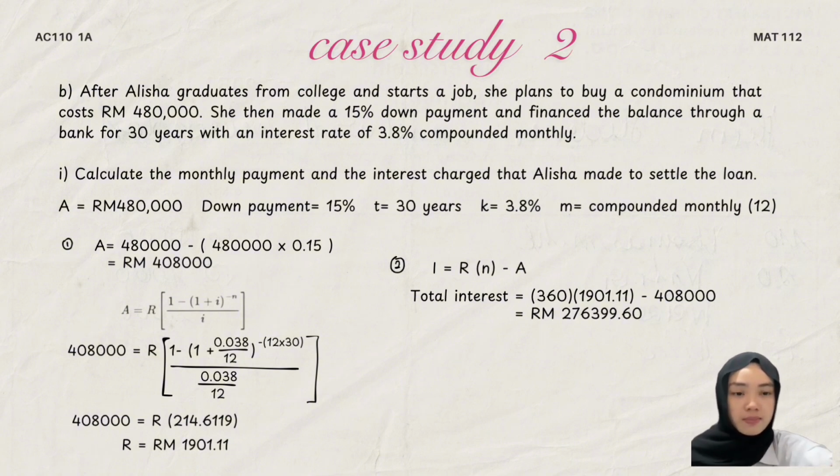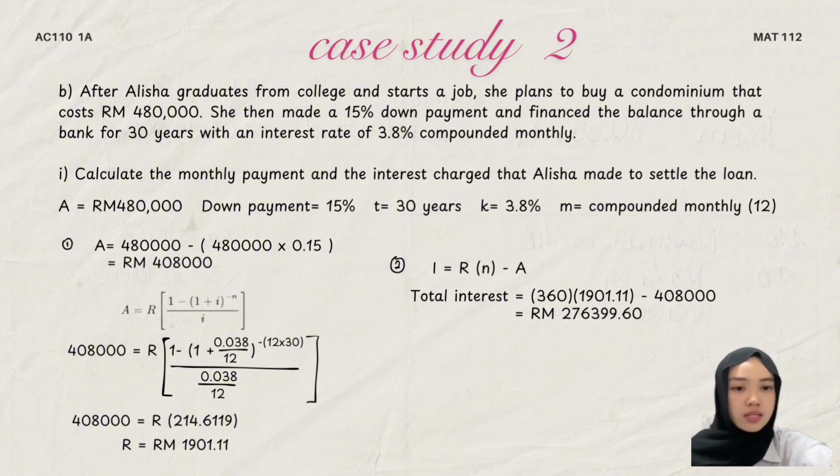To find the monthly payment that Alicia needs to pay, we need to use the formula A equal to R multiplied by (1 minus (1 plus i) to the power of negative n) over i. So we need to substitute the new value of A, which is 408,000. So the equation will be 408,000 equal to R multiplied by (1 minus (1 plus 0.038 over 12) to the power of negative 12 multiplied by 15) over 0.038 over 12.